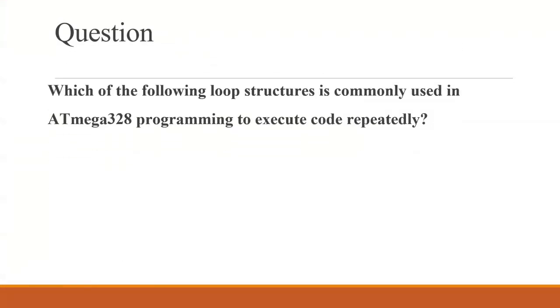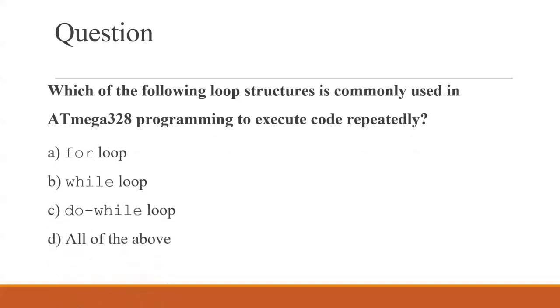Question number 1 says, which of the following loop structures is commonly used in ATmega328 programming to execute code repeatedly? A is for loop, B is while loop, C is do while loop, D is all the above.